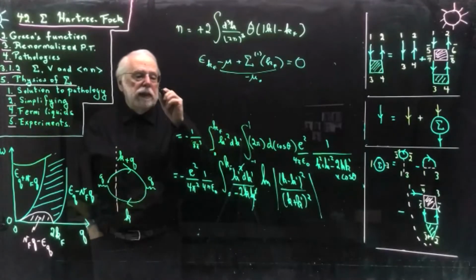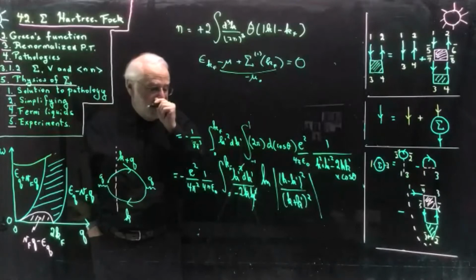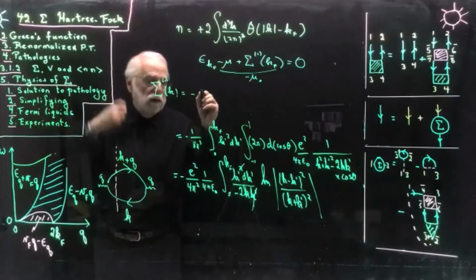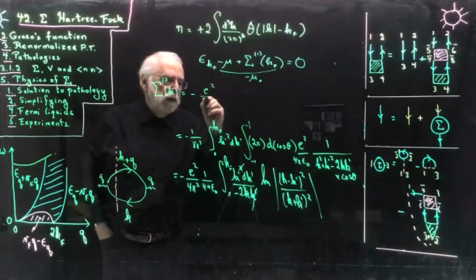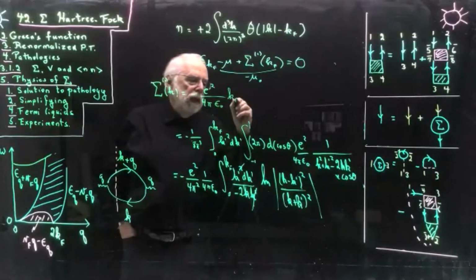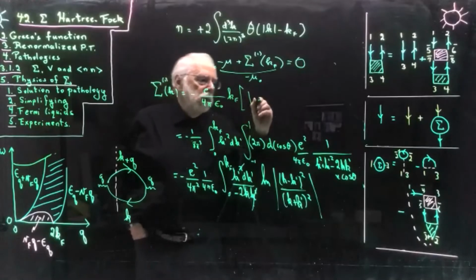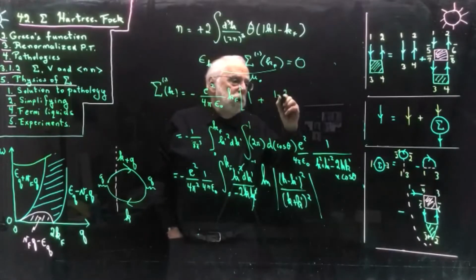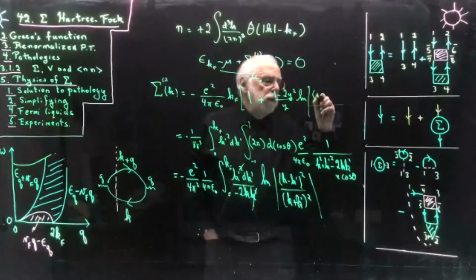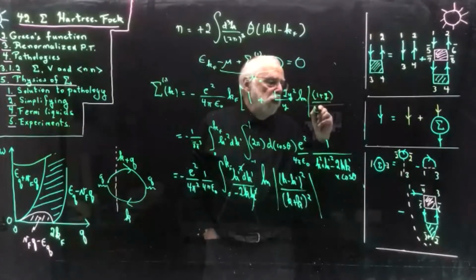So the final answer is that sigma 1 of k is equal to minus e squared over 4 pi epsilon 0 times k_F times 1 plus (1 minus y squared) over y times the log of the absolute value of (1 plus y) divided by (1 minus y).